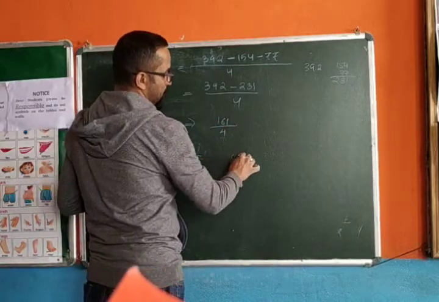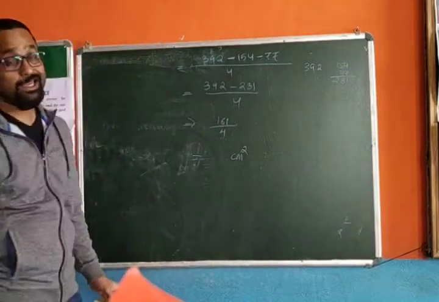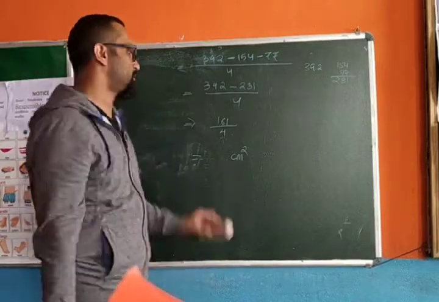Divide this and get the answer in centimeters squared. This is the area of the remaining piece.